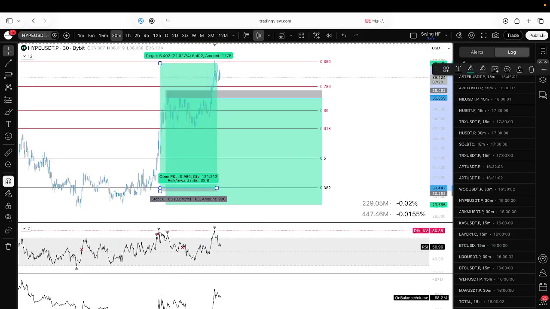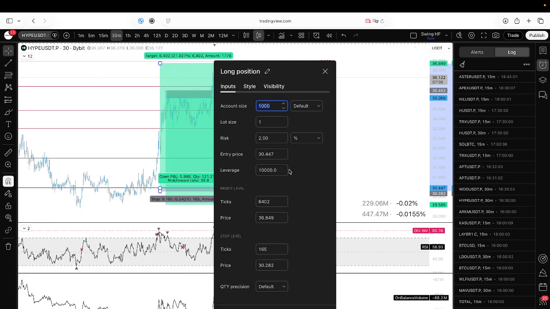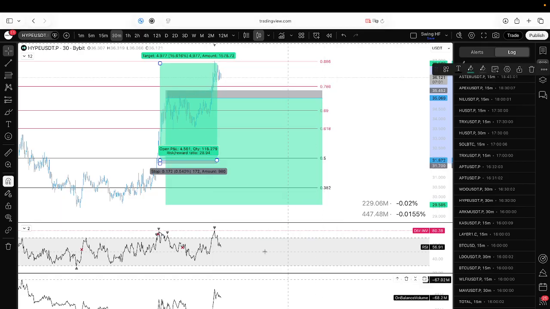No, let me check one moment. Hype. What do we have? Hype. Long Hype. There you go. Found it. So this was the entry price. This was the stop level.